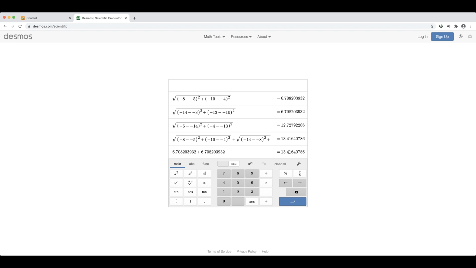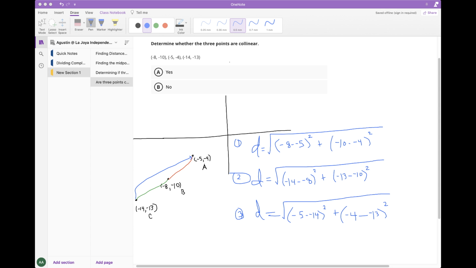So are these then collinear? That was the question. Are these on a straight line? The answer is no. These are not on a straight line, because if they were, the distance between B and C plus A and B would be equal to the whole thing.